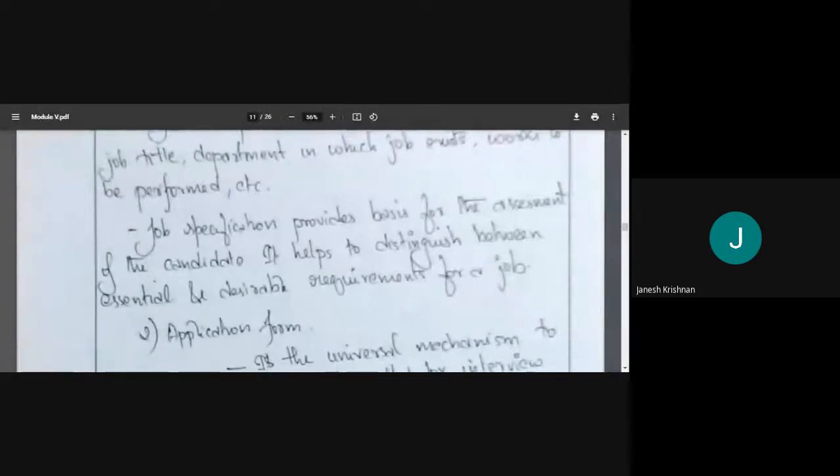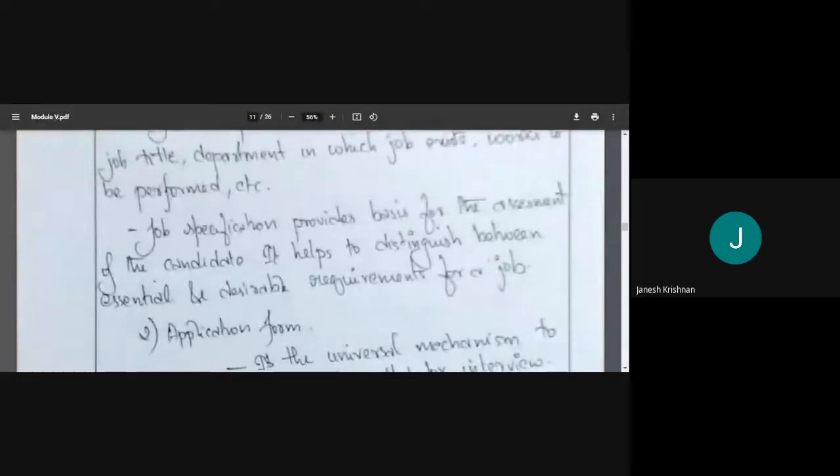There will be certain things which will be helpful for him, which will be unique for certain candidates, like he's staying close to the site, or he has a good knowledge of the area. That becomes desirable, so that will help the person to stand out. It will make the assessment easier.